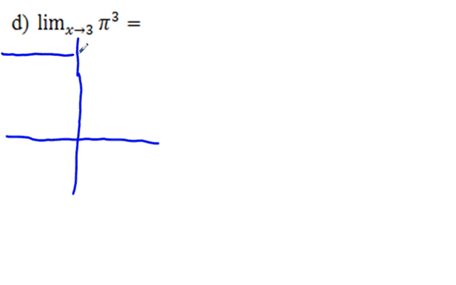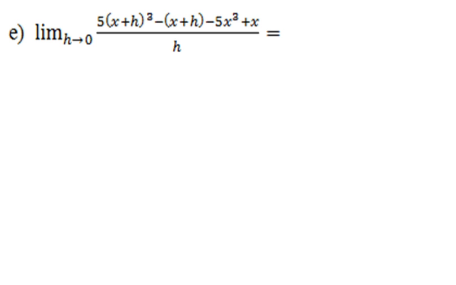So as x approaches 3, or any number, the value of this function is going to be pi cubed. So that is our answer. Kind of a little bit of a trick question, but that's what it is.